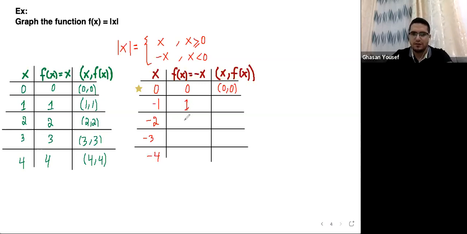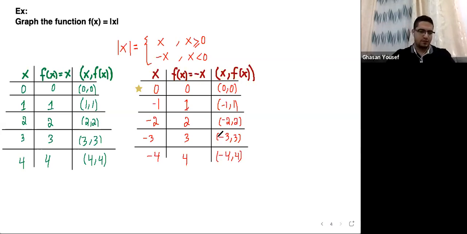And negative 2 is positive 2. Negative 3, when I plug inside the function, is 3. And negative 4 is 4. Now the points are negative 1, comma 1, negative 2, comma 2, and negative 3 is 3, and also negative 4 is 4.